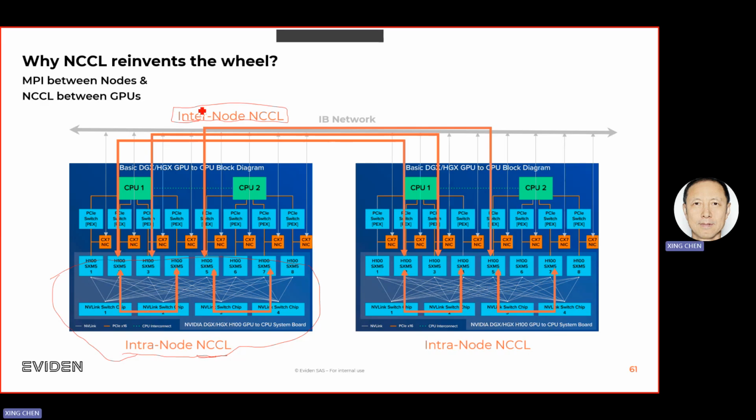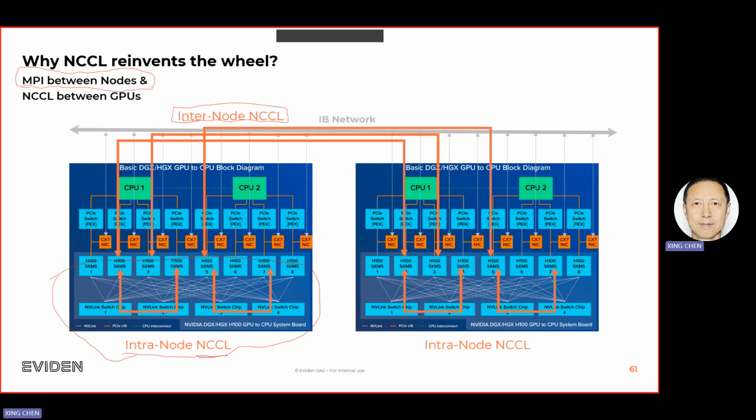Just another comment is that MPI is a traditional communication library that's used to deal with communications between the nodes, between the hosts. And the NCCL is used to deal with the communication between GPUs. The GPUs could be across multiple nodes. So they are different.